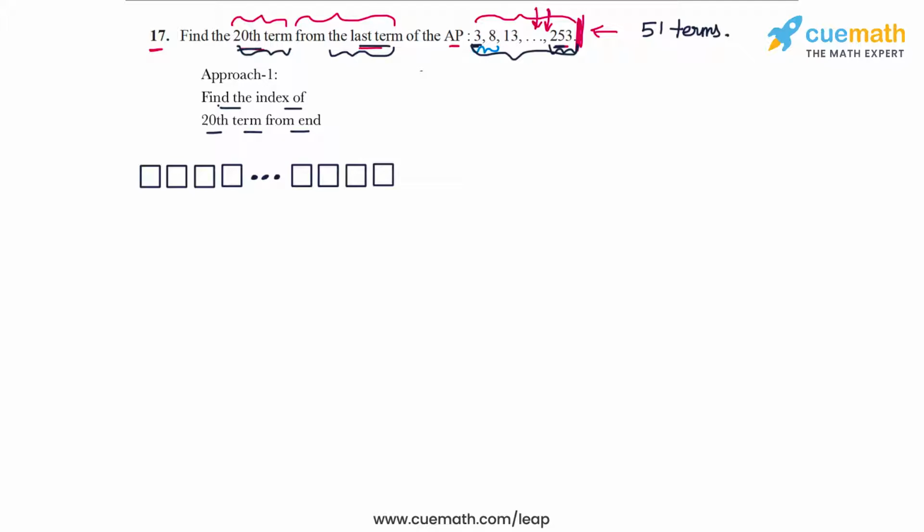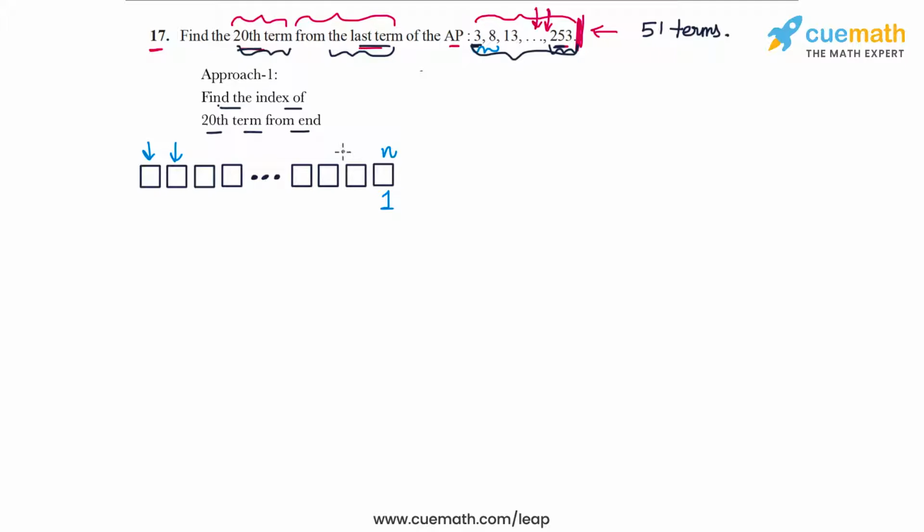So I want you to imagine the AP as this series of boxes. So this is the first term, this is the second term, and so on. So each box represents a term of the AP. Now the last box is the nth term of the AP, but this is the first term from the end.